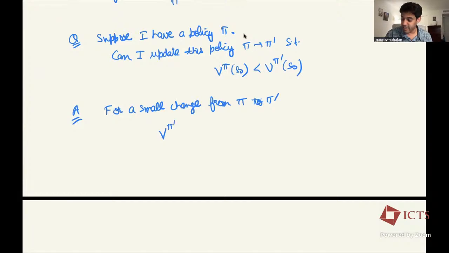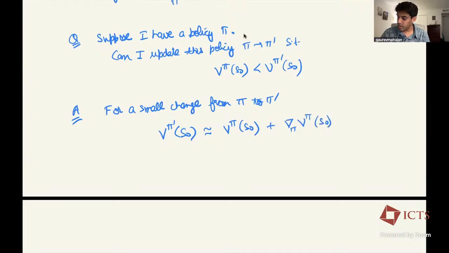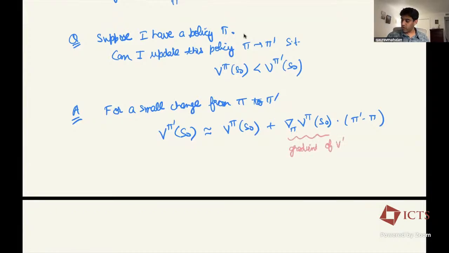So this is the first degree Taylor approximation. You can write v pi prime of S0 in terms of v pi of S0 plus the gradient of v pi at S0, as a vector inner product with pi prime minus pi. This is just the gradient of v pi of S0 with respect to the policy parameters.